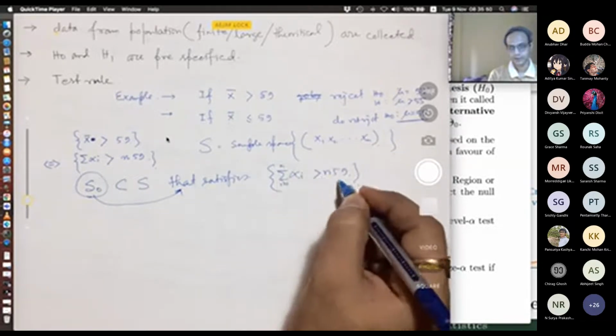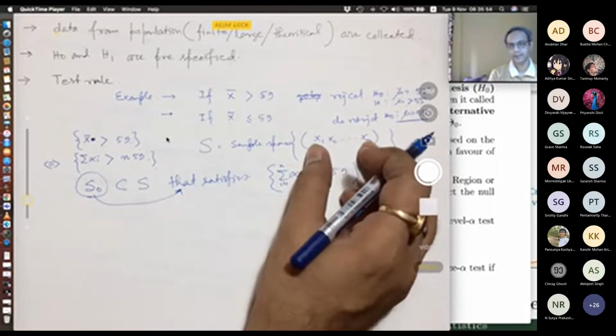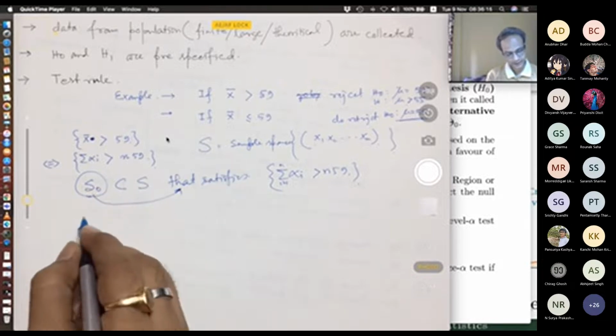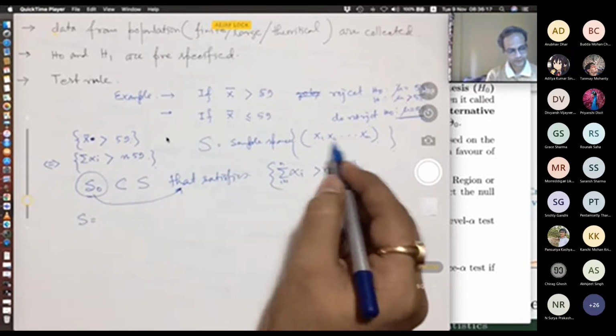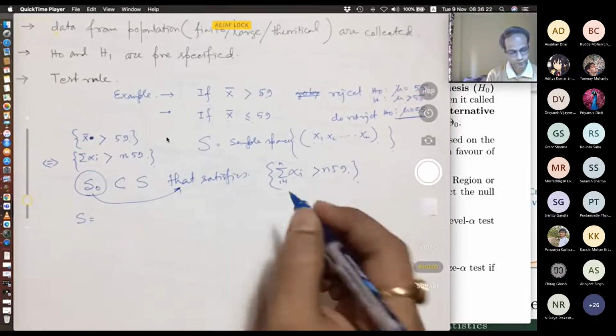Yes. By this I am saying that S is a collection of n-component vectors. Sir, I was asking, if S naught doesn't contain all elements, how can we write summation over all elements in S? Yes, that is why I am saying S is the collection of, for example, suppose n is 2.